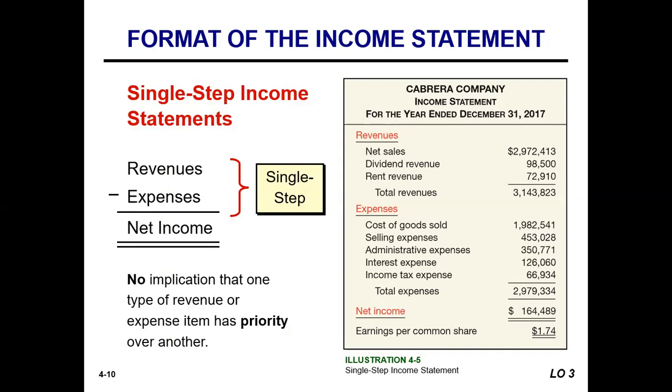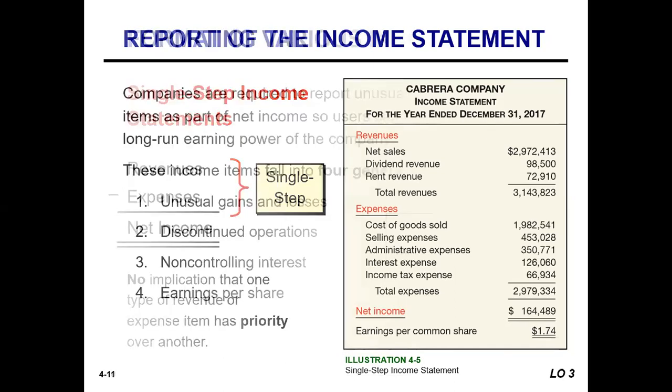All revenues are equally important, all expenses are equally important, so no revenue has priority over another, no expense has priority over another, which is fine. But generally speaking, we like to see that income from operations, right? So we like that multi-step format because we get to see our income from the most important part of our business, or the main part of our business.